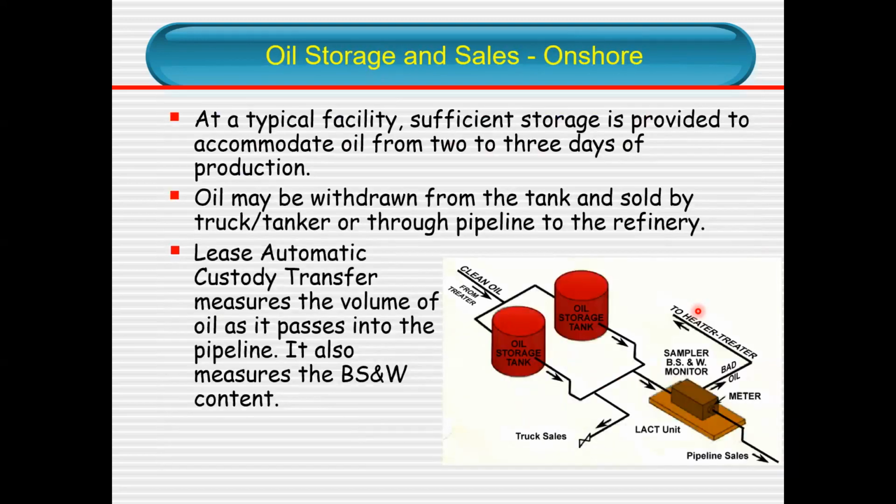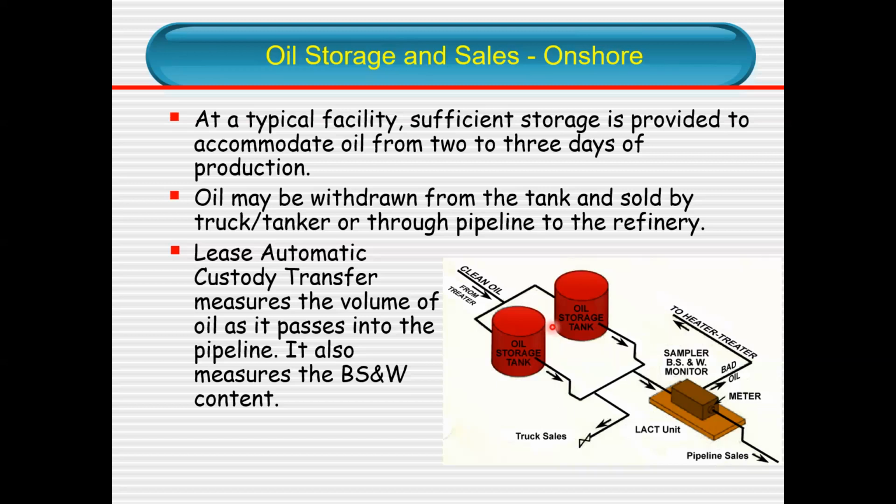Once you have already treated the well, finally it is all storage and sales. I'm trying to put it into onshore and offshore. At onshore, it is easier. The clean oil from the treater goes to the oil storage tank. I believe during your orientations, if you have the chance, at least join with the SPE, you can have a visit to their oil storage tank.